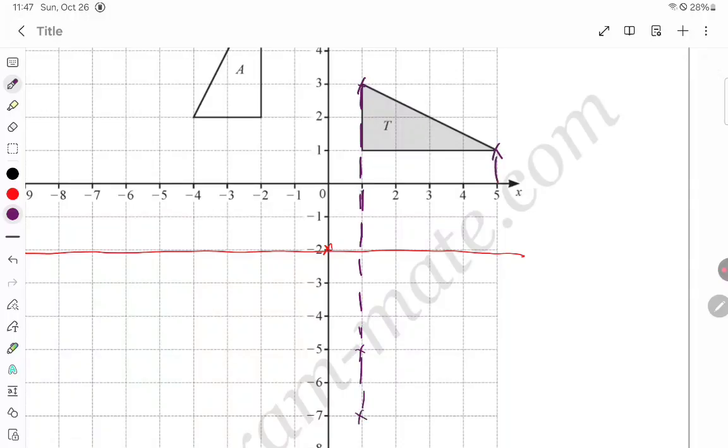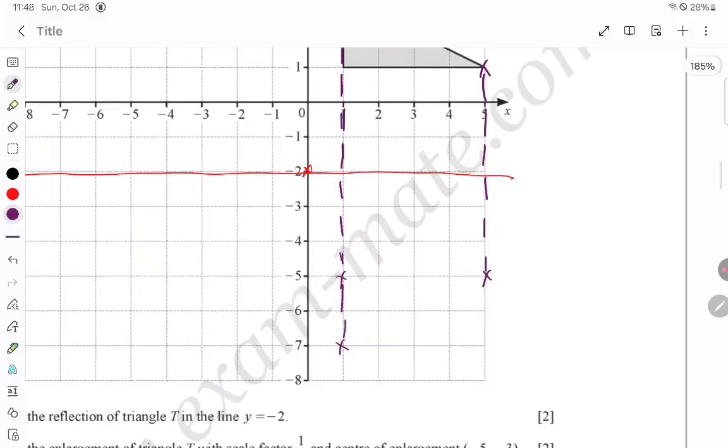For this 1, 2, 3, 1, 2, 3, mark the point, and 3 points have been marked. Join the points. This is our triangle.